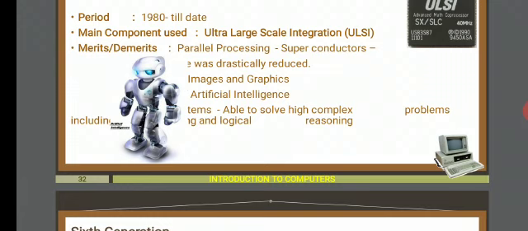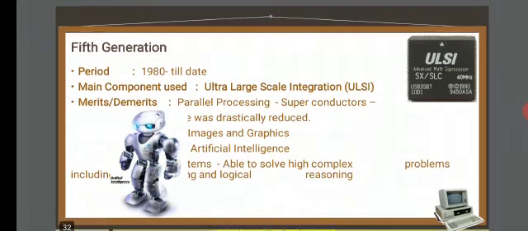All the advanced technologies were used in this fifth generation. It was much faster compared to all the four generations, the size of computers became very small, and power consumption was reduced.